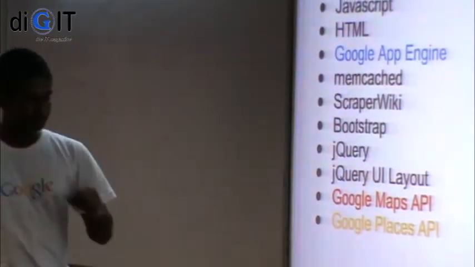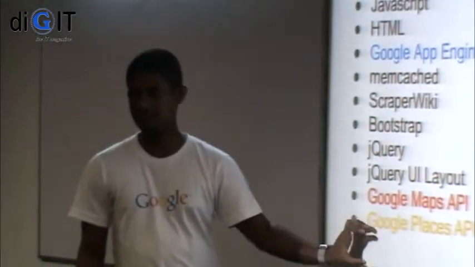And Google Places API is used for autocomplete. Plus, it will also be used in the next version to show you places, for example, schools. If you're looking for a property listing, it will show you nearby schools.